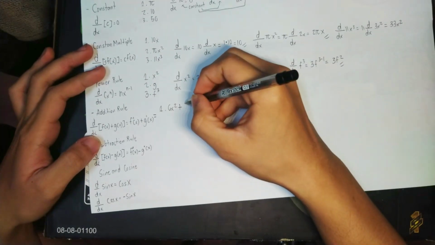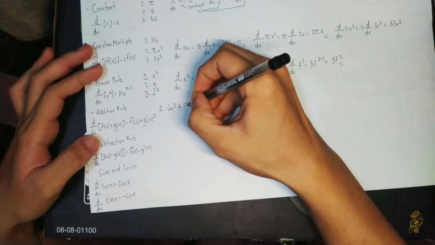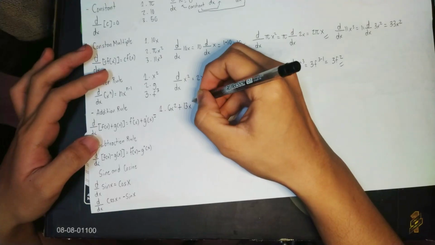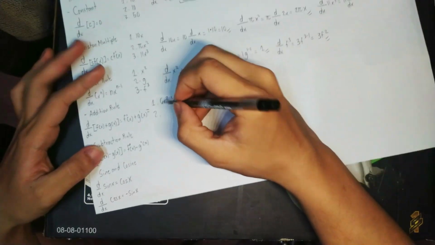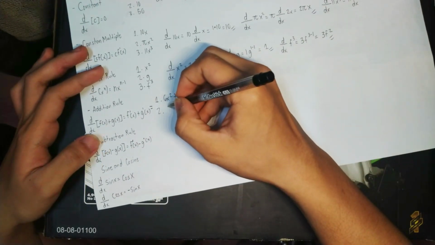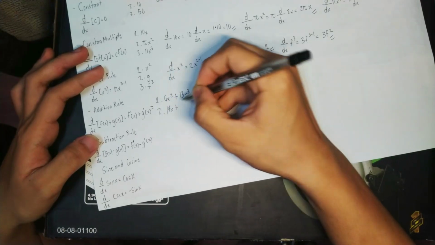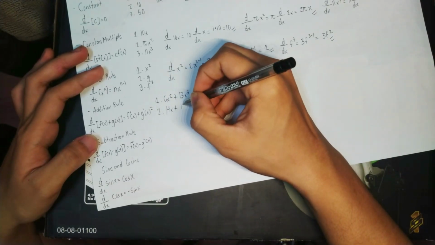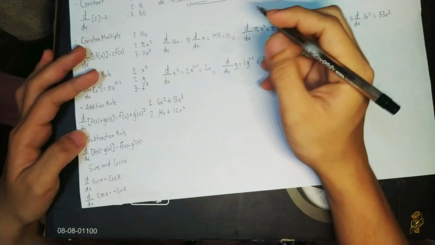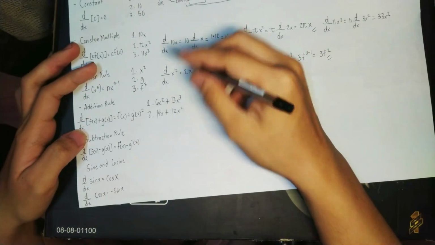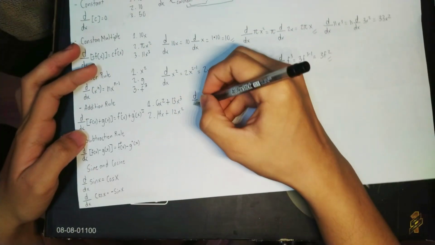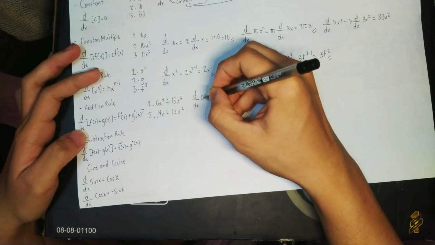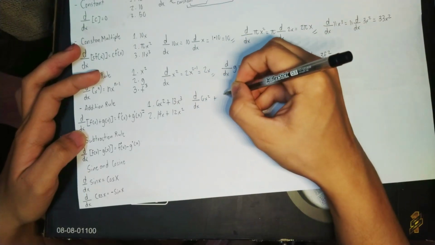For the addition rule, it states that the derivative of f of x plus g of x is equal to f prime of x plus g prime of x. And these are the examples. So basically, before you add them, you must take their derivative first, then you can add.